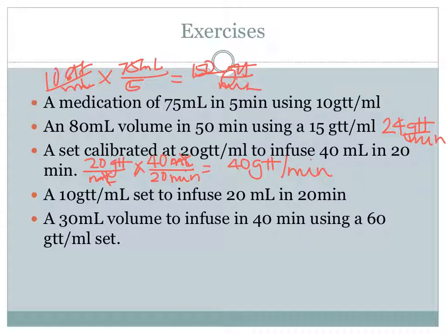Okay, for the fourth one, you do the same procedure with 10 drops per mL times 20 mL over 20 minutes, and you should get the answer of 10 drops per minute.